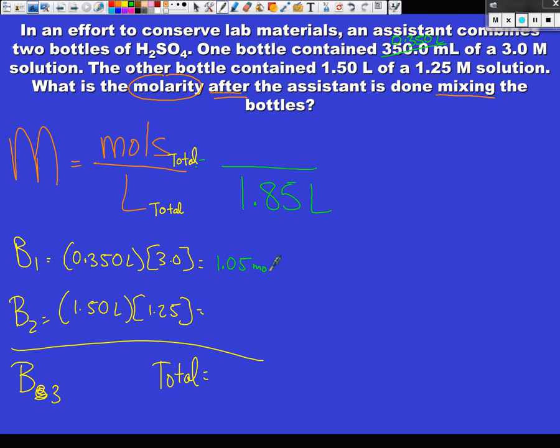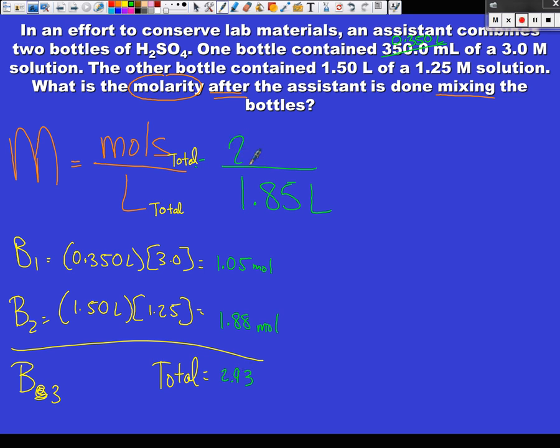Okay. So what's your number of moles for the first one? 1.05 moles. And then what about your B2? Yep. It's the least number of decimal places. Well, what about both of those numbers? Same number. All right, so that's 13, that's 9, and that's 2.